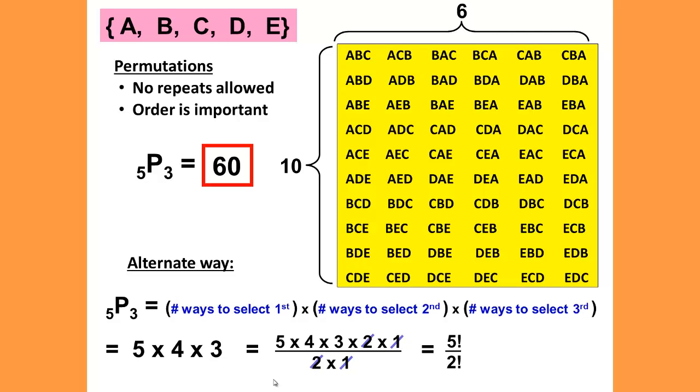Now, how does this relate to what our directions were of a permutation of taking 3 of the 5 letters, choosing 3 of the letters? Well, we can get the 2 by subtracting the 5 minus 3, and guess what? That relates back to our general formula.